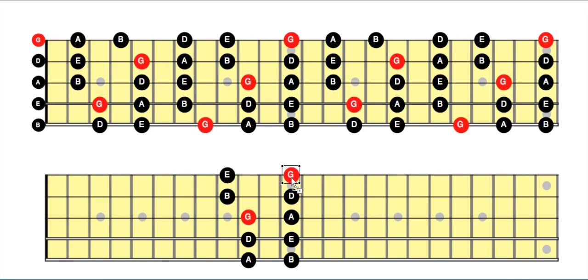So this is called the second mode of the G major pentatonic scale, and its name starts from the first note, A. It's called the A suspended pentatonic mode.